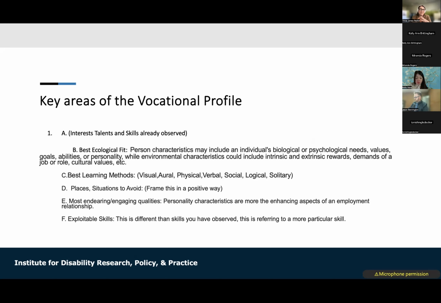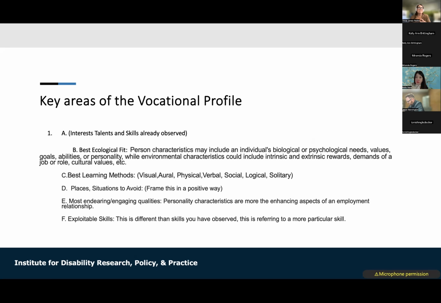Exploitable skills. So maybe, if you don't love the word exploitable, because most people don't, these are more of those unique skills that somebody has that are particular. So this is different than a skill that is connected to a task. It's just something that is really unique to this person.